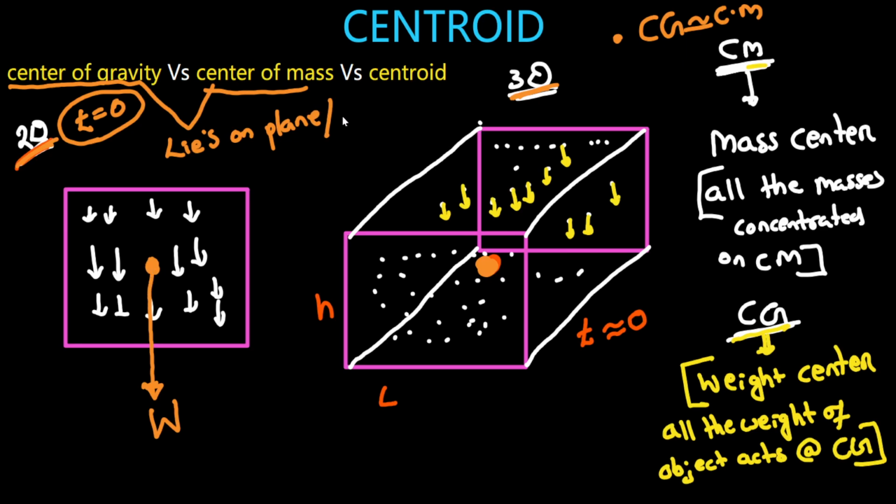If you are talking about an object, it will lie on the object. But the centroid may or may not lie on it. This is a special thing about the centroid. It can lie on the object or plane. The centroid will not necessarily be on the object because the centroid is an area-related concept, so it will be inside the area or outside the area.